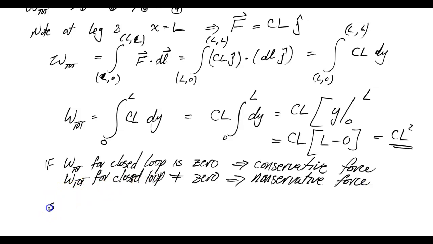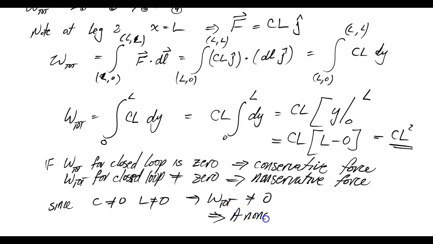And since C does not equal 0 and L does not equal 0, it implies the total work is not equal to 0, which implies a non-conservative force is what we have, or it's not represented by a potential energy. Same thing.